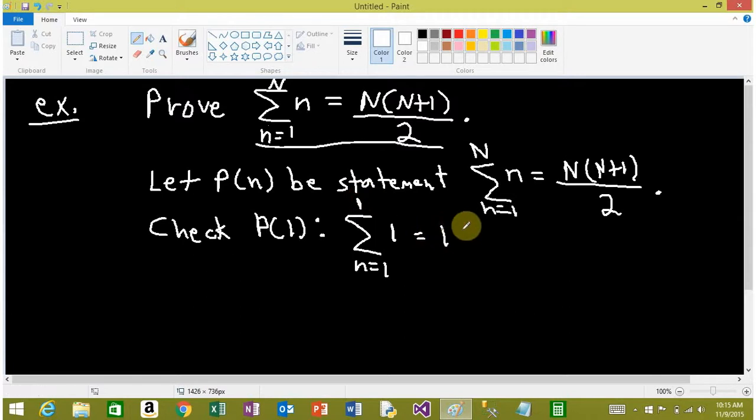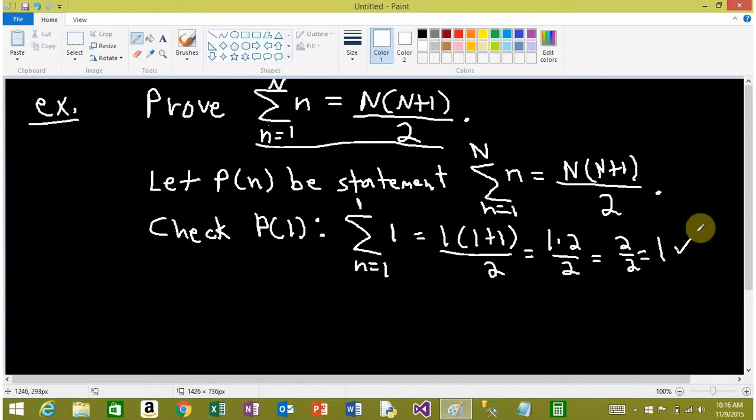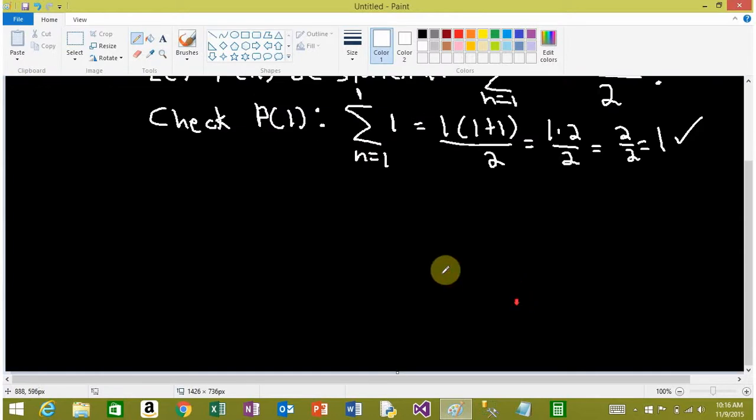We plug in 1 times 1 plus 1 over 2, and we get 1 times 2 over 2. And 2 over 2 is 1, so obviously that's true. So 1 equals 1, that's good. And then now we're going to let P of k be a statement.